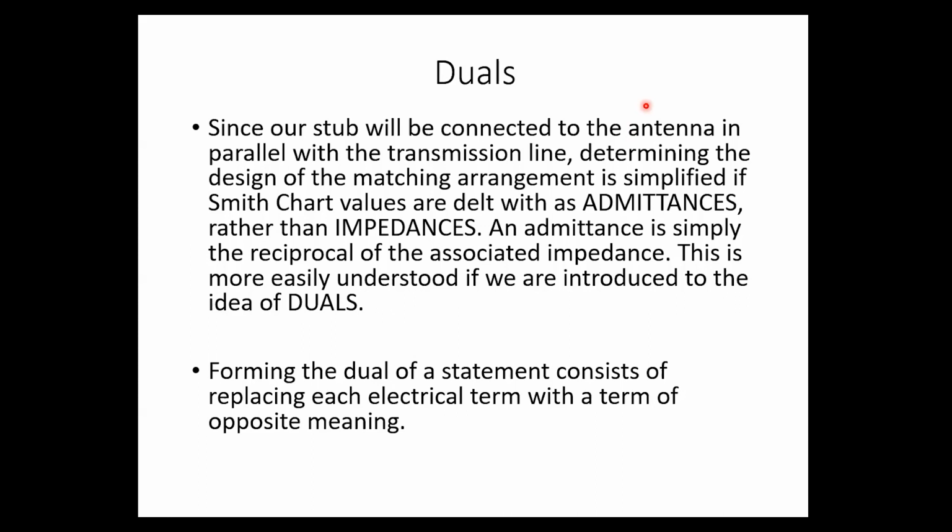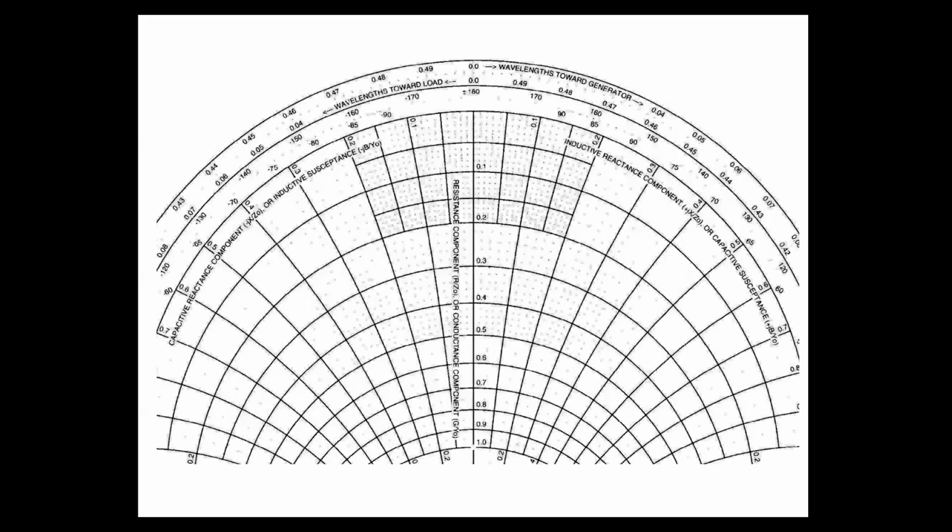So let's talk about duals, because forming the dual of a statement consists of replacing each electrical term with a term of opposite meaning. So let's start out with this Smith chart. This is the center point right here where we normalize to. Normally this is off on your left. This would be the top, this would be the bottom. If you look closely over here, you'll see this is the inductive reactance component going this direction.